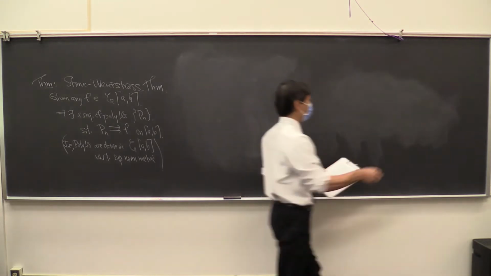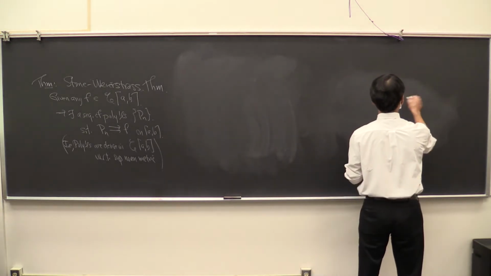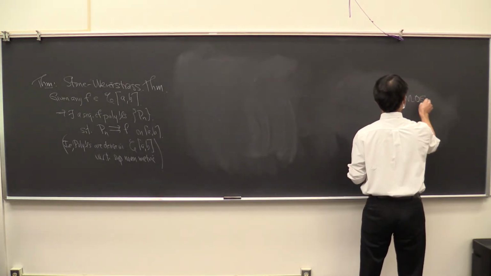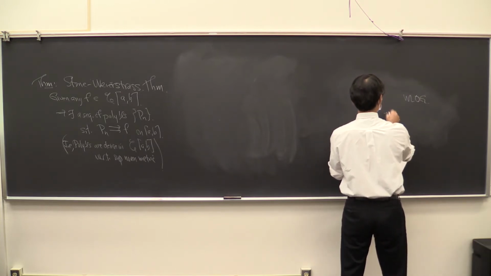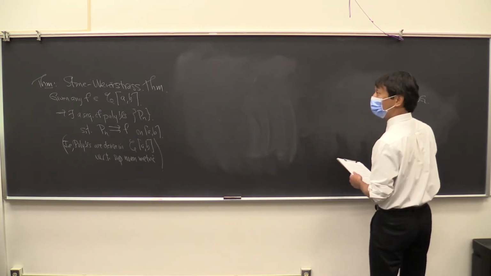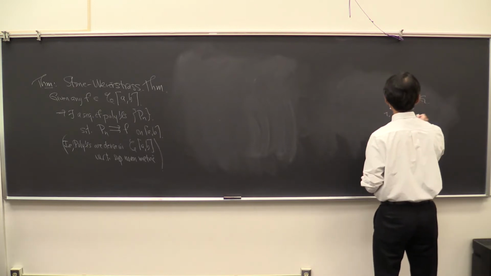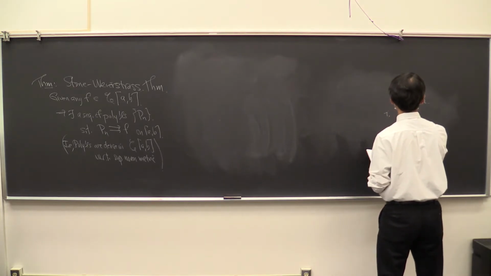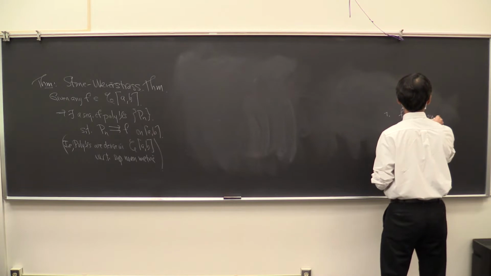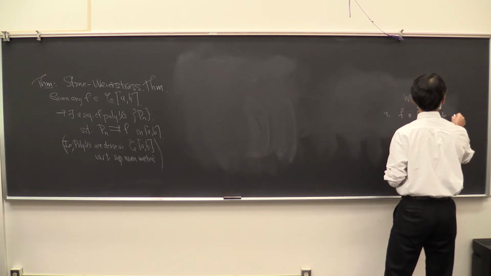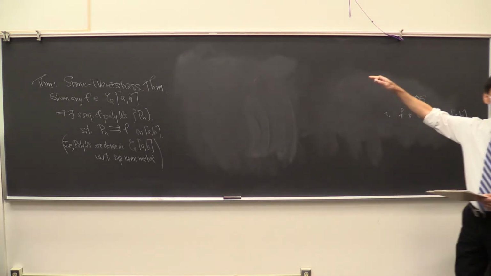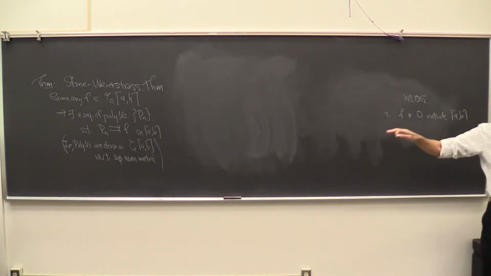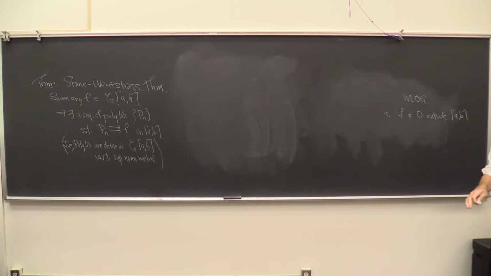Before we get started, I'm going to make some assumptions. Without loss of generality, we assume that our function is defined on the interval, and we define it as 0 everywhere else.